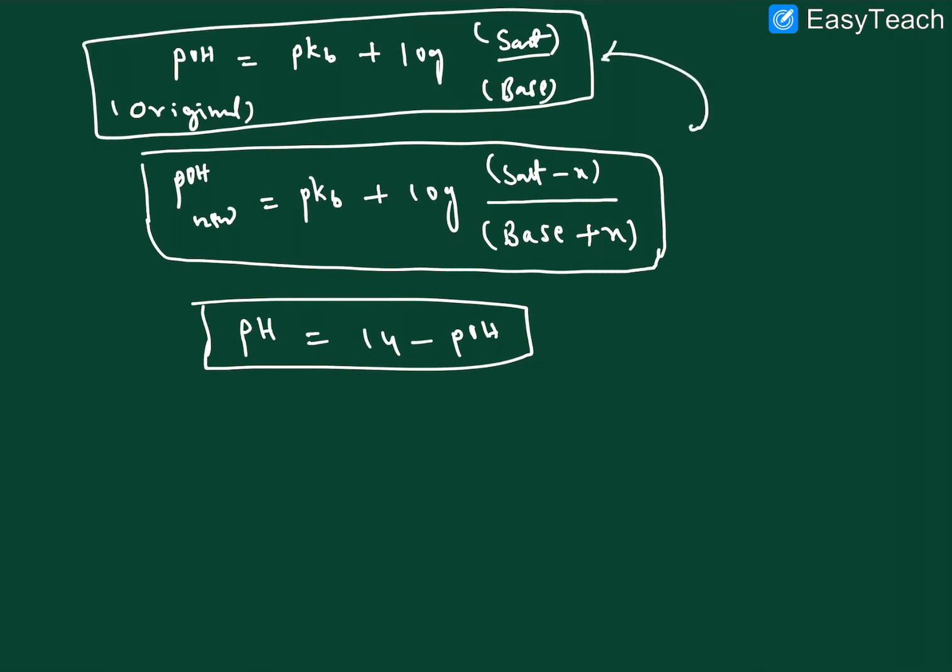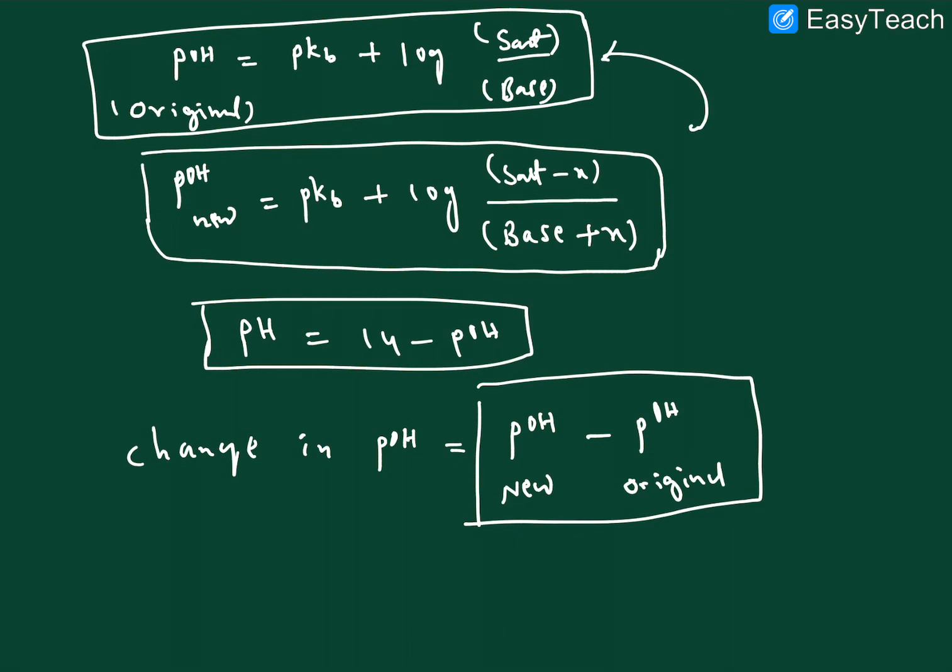What is the change between this formula and the original formula? What is the difference between these two? The change in pH, right? Sorry, here the change in pOH. Change in pOH is equal to pOH new minus pOH original, right?